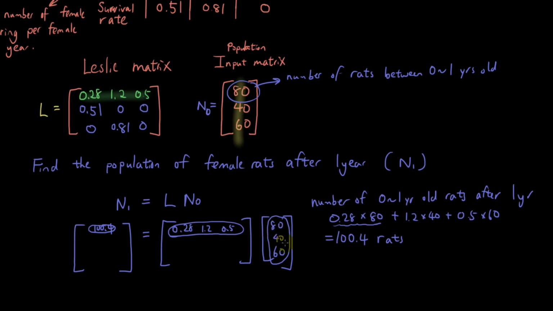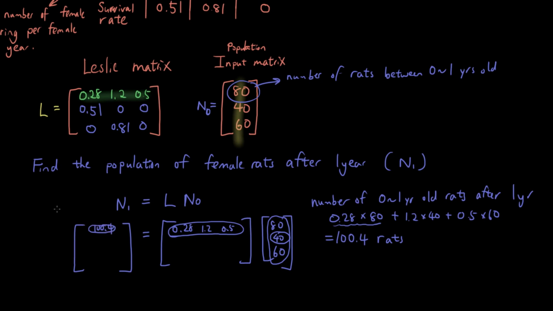And then out of the 40 rats, 1.2 rats will be born for each of the 40 rats. So 1.2 times 40, that's how many newborn rats that the 40 rats will generate. So they will also all be added, and then 50% of the 60 rats in the third age group will become new rats. So then these are all added to the number of newborn rats, or the number of rats between 0 and 1 years old in the next matrix.